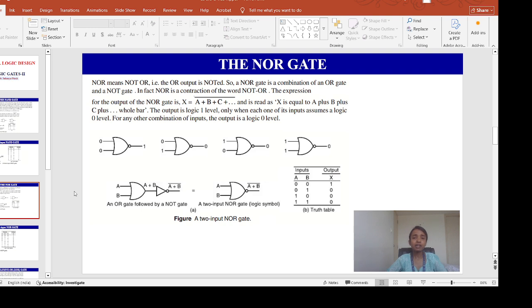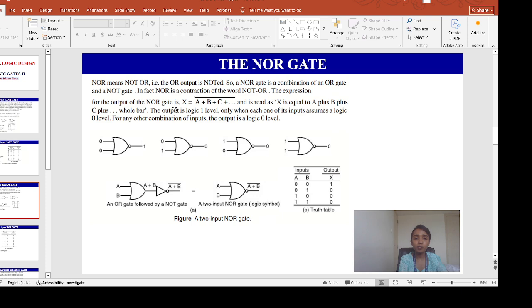Now, coming to the NOR gate. NOR means not OR. That means the OR output which is inverted. So, a NOR gate is a combination of an OR gate and a NOT gate.